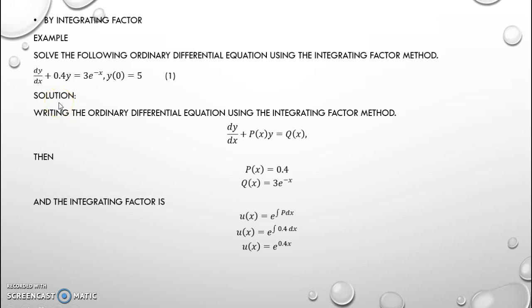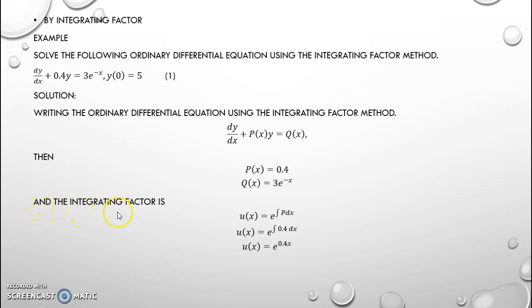So, the solution, first of all, we write the ordinary differential equation in the form dy over dx plus p(x) y equal to q(x). Then p is 0.4, and q(x) equal to 3 e to the power of negative x.